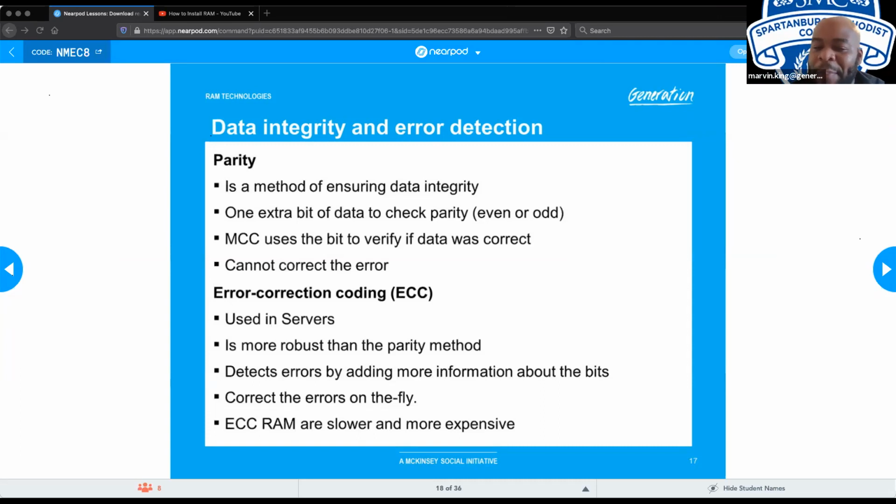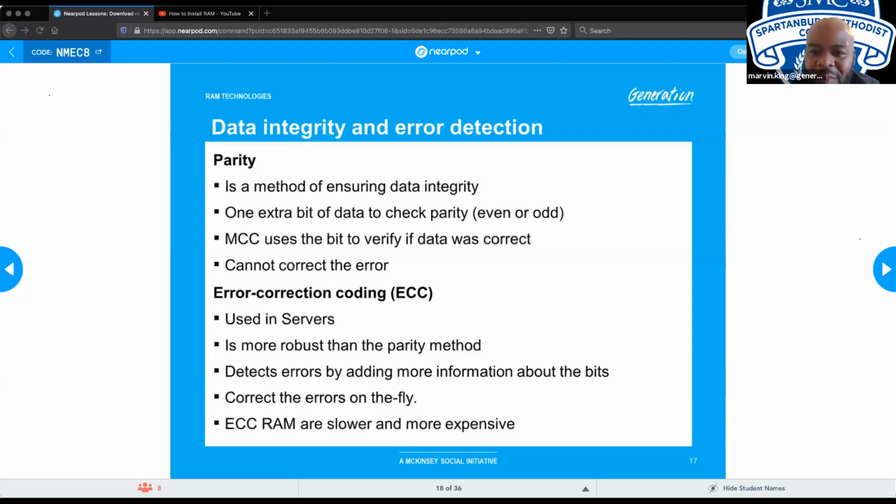We use something like parity. Parity is designed to make sure that those ones and zeros come across in a manner in which we will want them to when data is moving. So it's like a checks and balances. What Kelly was doing was showing how if by any chance zeros and ones don't come across the correct way, that parity bit won't correct it, but it'll acknowledge that it didn't come across the correct way.